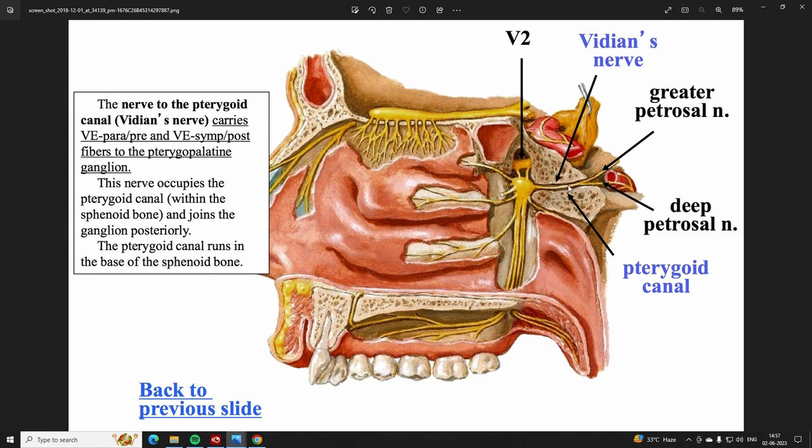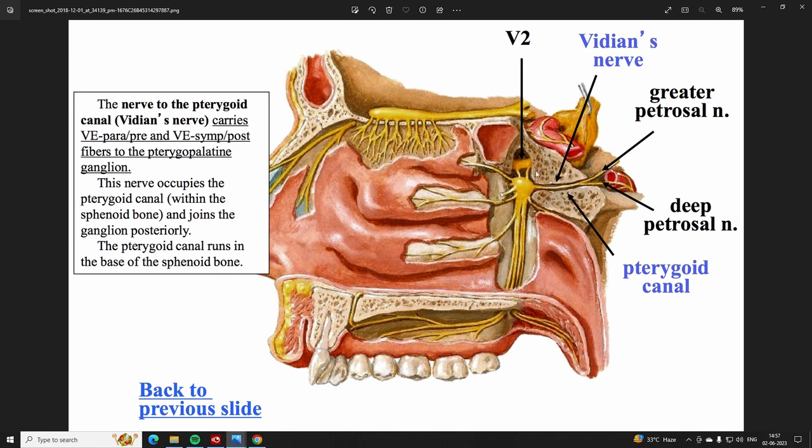The preganglionic fibers are coming from the facial nerve, preganglionic parasympathetic, and the postganglionic fibers take the help of the maxillary nerve.